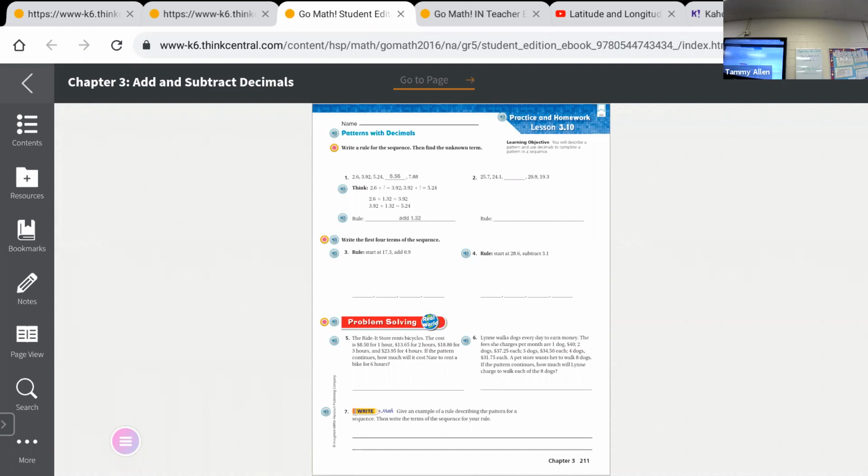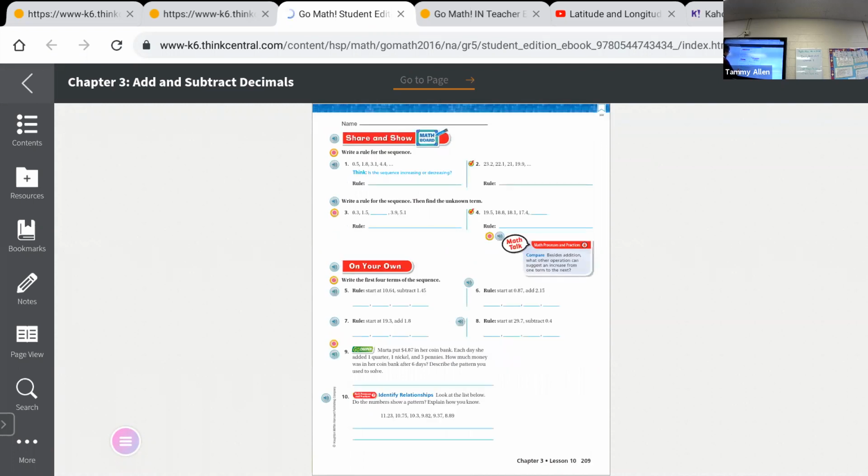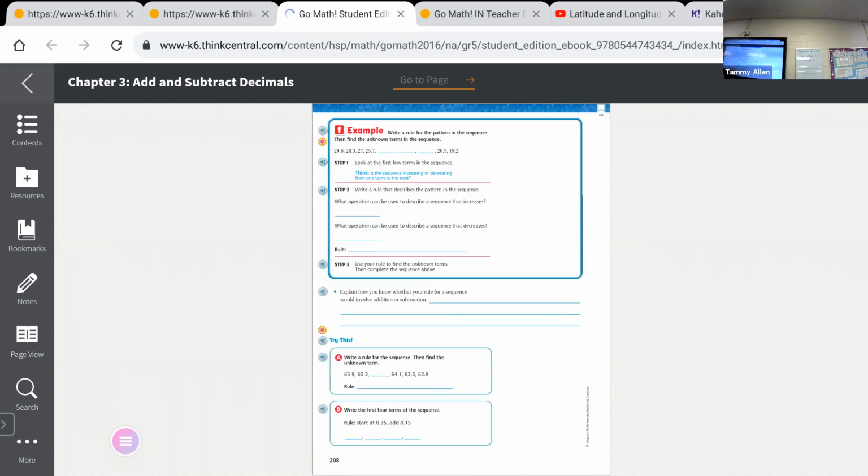You are going to have to give the first term, right? So it's like that last problem we just did, basically. Kind of like this one, okay? And then you have to solve it. Does that make sense?